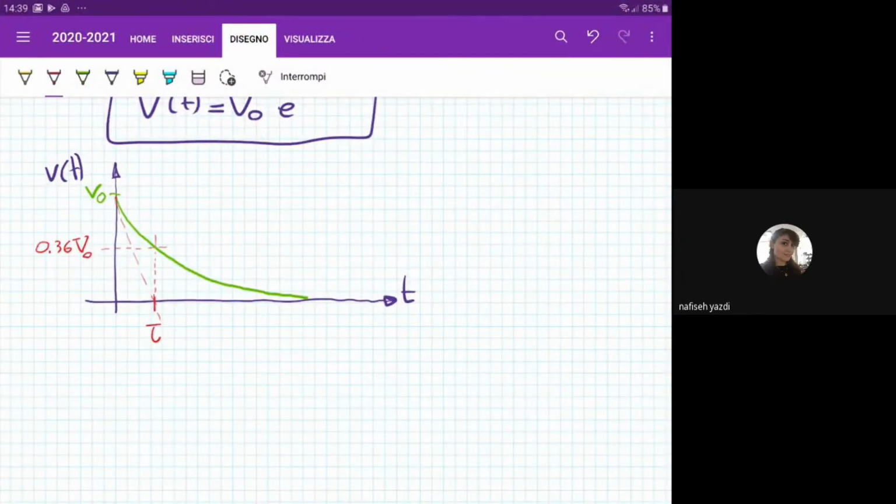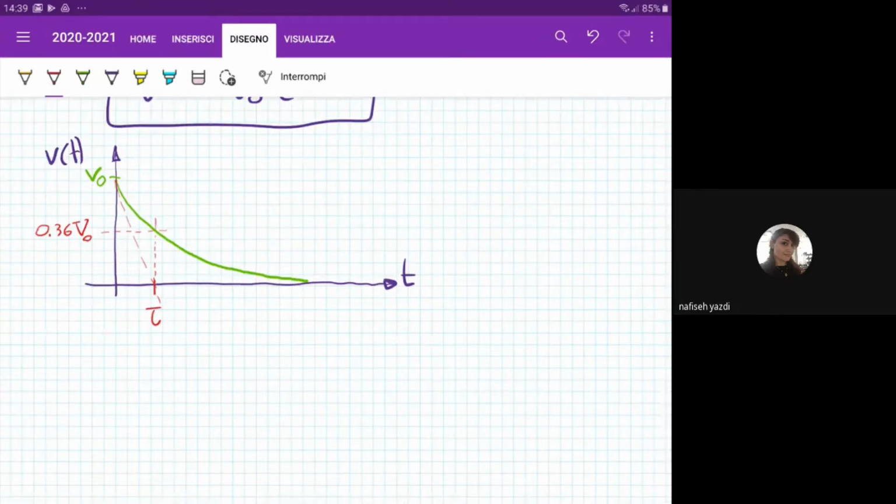So you have to be sure that the time constant is very, very high with respect to the typical time representing the evolution of your acceleration. And the time constant is telling you what is the reference.